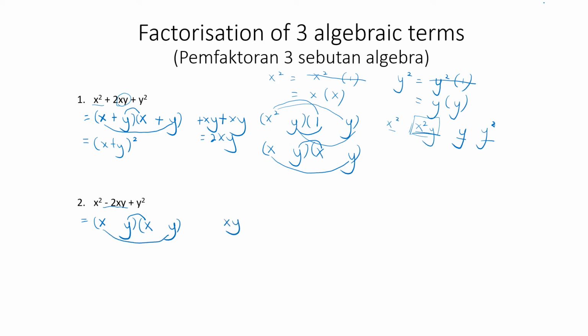When you have xy and xy, now you want to get negative 2xy. So you must have negative xy minus xy, so that you can get negative 2xy. So both xy must be negative. And this is also the same as x minus y all squared.